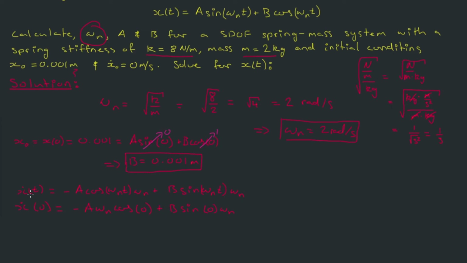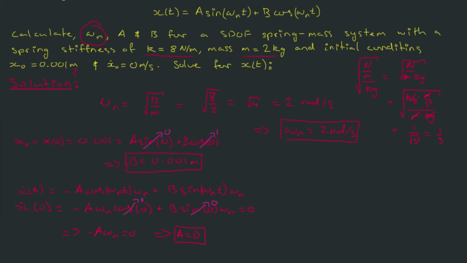So we can see that the sine of 0 is going to be equal to 0 and the cosine is equal to 1. So what we get is this is all equal to 0 from the initial condition up here. So we get minus A omega n equal to 0, which just gives us A equal to 0. There we have it. We found our two unknown constants and our omega n.